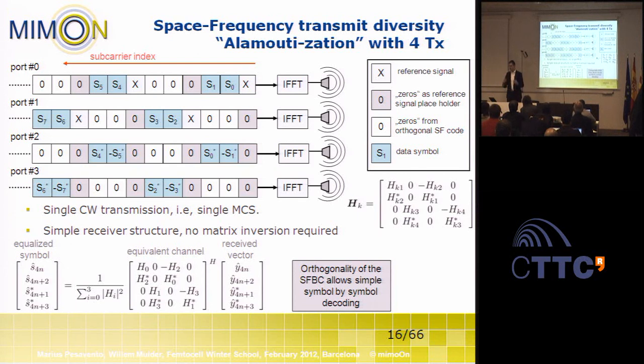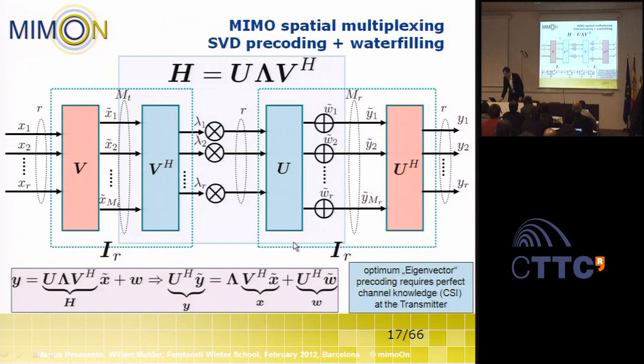And this orthogonal space frequency block coding scheme is particularly attractive because it allows symbol-by-symbol detection. So the detection scheme is very simple in this case. I don't want to further elaborate on this because I want to focus more on the spatial multiplexing techniques in this talk.